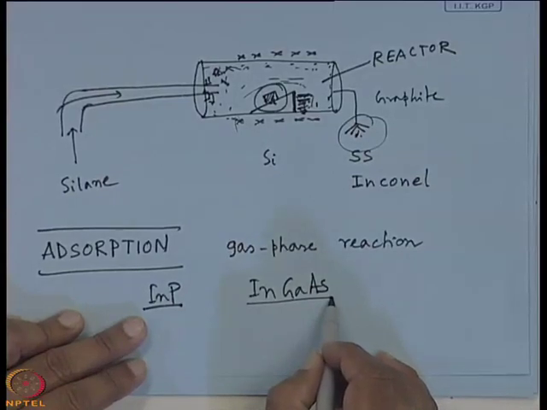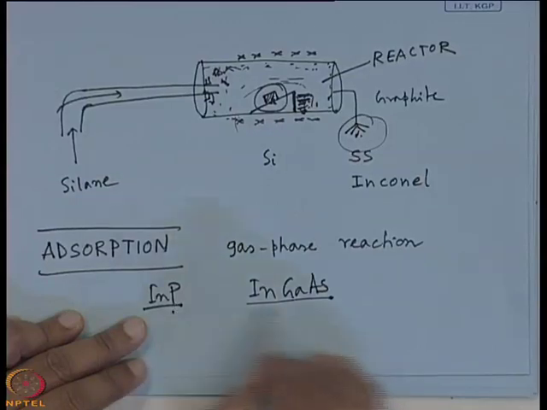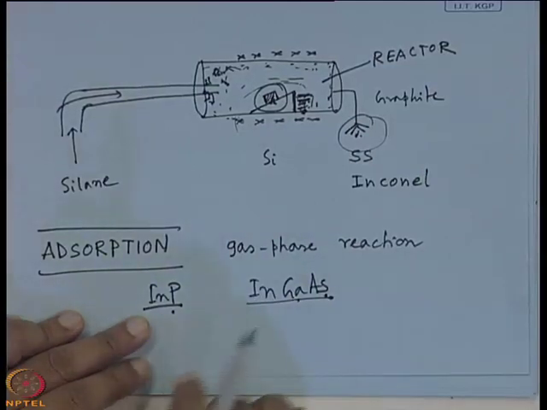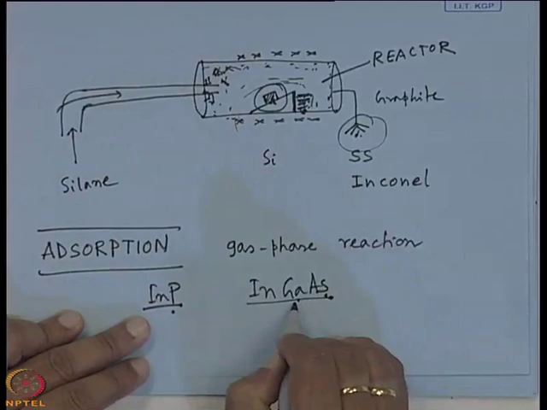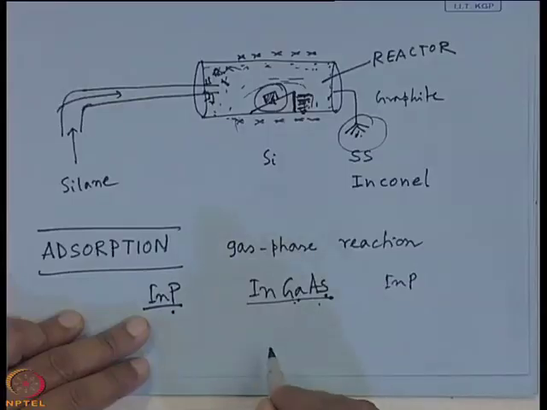The next step is switching over from phosphorus to gallium and arsenic. That means phosphorus will be stopped and at the same time gallium and arsenic will be input. So, this is switching. Again you want to grow indium phosphide, then what will happen? Gallium and arsenic will be stopped, phosphorus will be on.